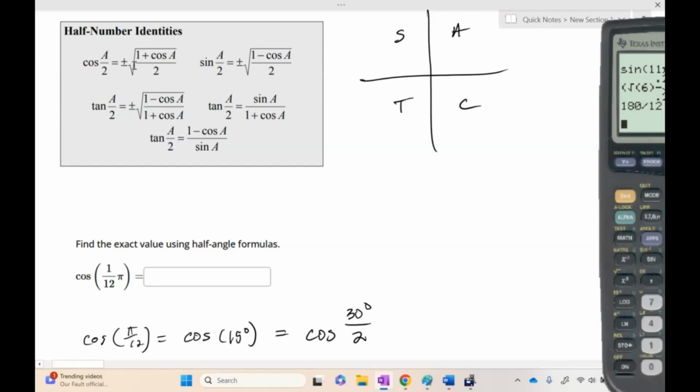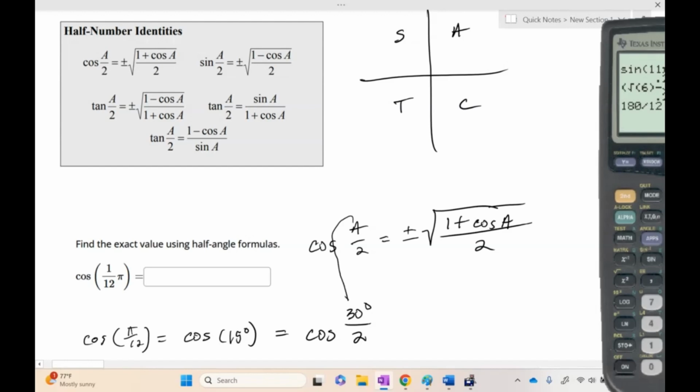I'm going to write the formula right above the problem. It says the cosine of A over 2 is equal to plus or minus the square root of 1 plus cosine A over 2. In this formula, wherever I see an A, I'm going to substitute 30 degrees.